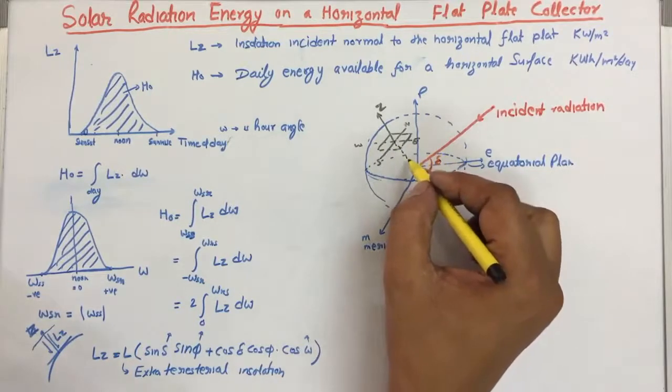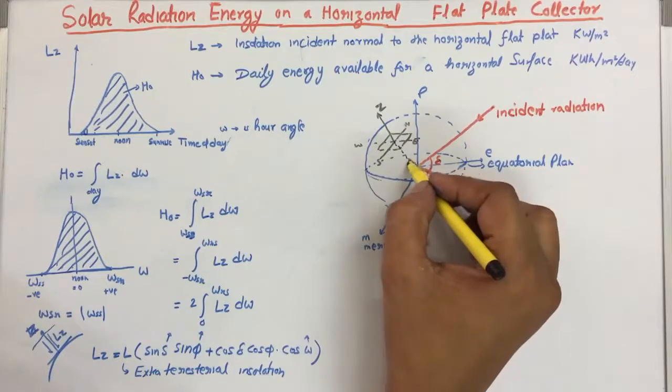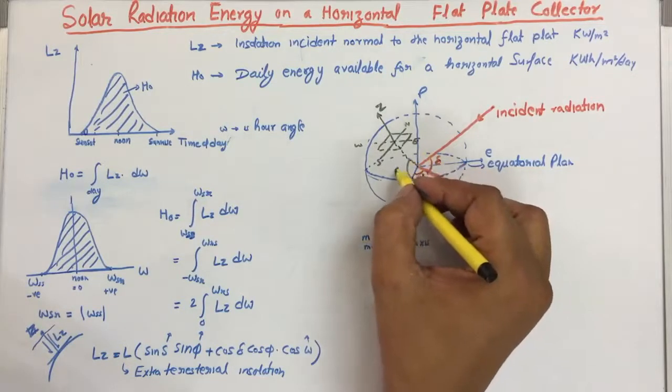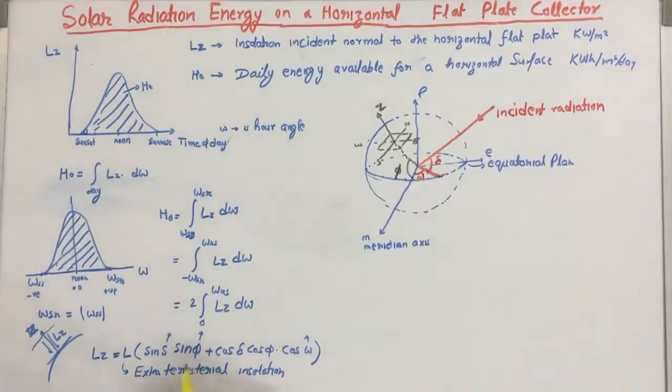This line with the meridian axis, the angle formed will be phi. Hopefully the things are clear now.